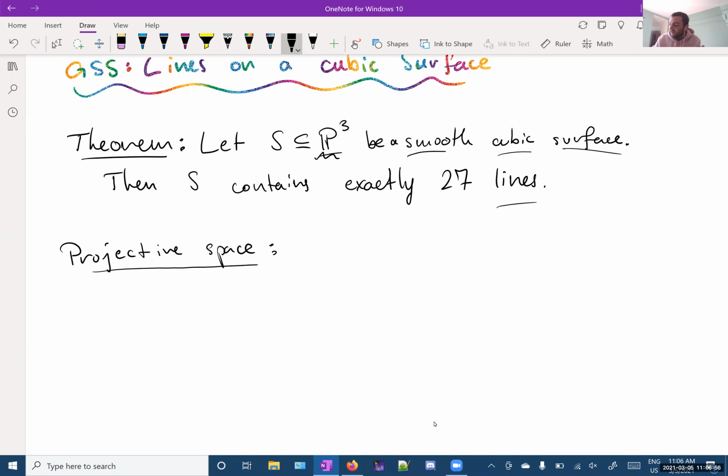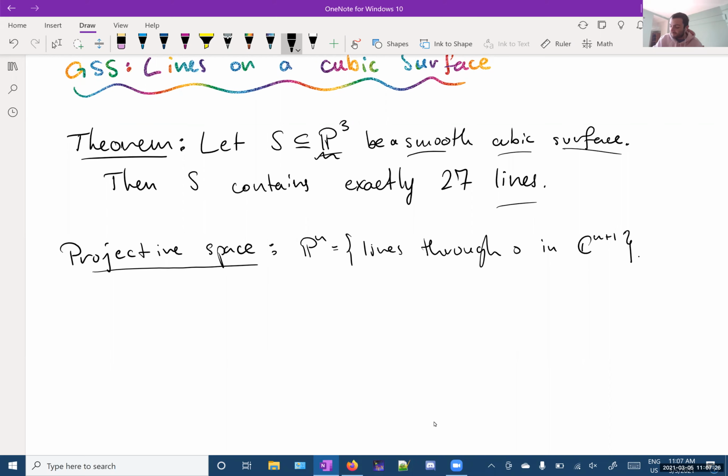So projective space Pn, this is the set of lines through 0, through the origin, in Cn plus 1. Right, we define an equivalence relation on Cn plus 1, where we say any vector is equivalent to a scale of the same vector.